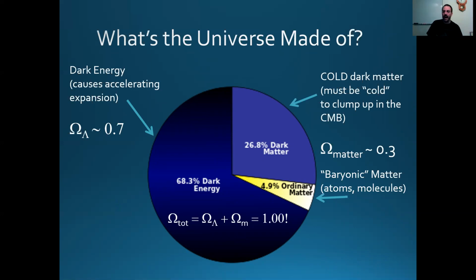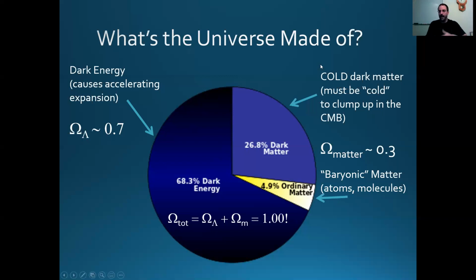If dark matter is hot, it spreads out. It's kind of like popping a balloon and the air just spreads out through the room. That would be hot air. On the other hand, if a balloon was filled with water and I popped it, the water doesn't just expand everywhere, it just kind of plops down. So water we would say is cold, whereas air we would say is hot in this sense. So dark matter has to be cold.